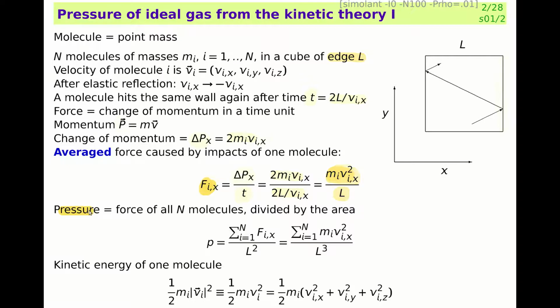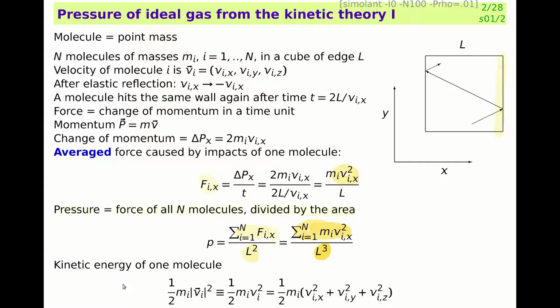Pressure is the force of all molecules that we have divided by the area. So I will sum up all forces in this direction, that is, on one wall, sum up all and divide by the area, which is L squared. So if I insert this here, I'll get this sum over all molecules of these quadratic terms in velocity divided by L cubed, which is the volume indeed.